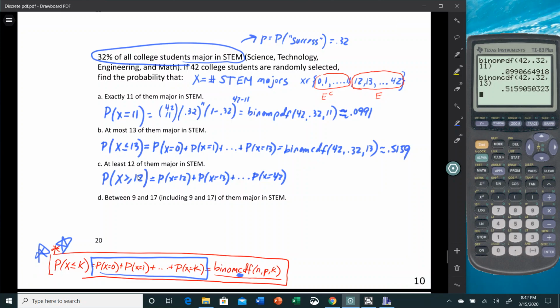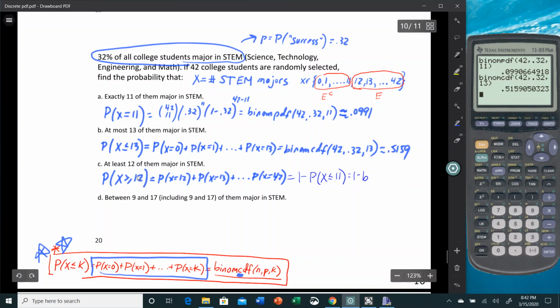To do this calculation, this will be equal to 1 minus the probability that x is less than or equal to 11, which is the complementary event. Now we can use the binomial CDF for the probability x is less than or equal to 11.